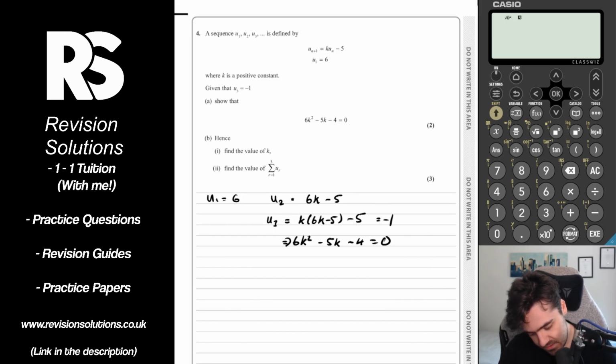Then they say hence find the value of k. So we need to solve this quadratic, but reminding ourselves that it's a positive constant, so we only want a positive solution. So let's see, I think this is factorizable. I think it's going to be 3k and 2k.